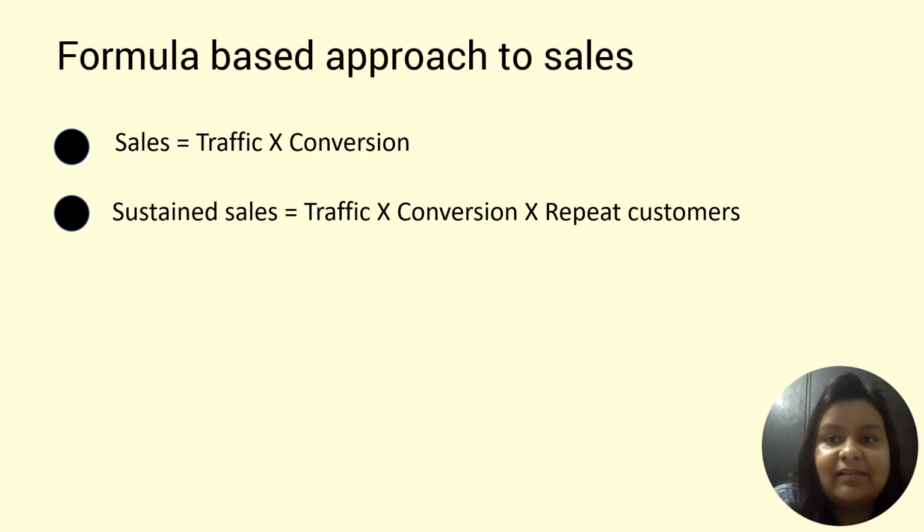Say next day 5 of those come again, and your total overall sale on the next day is also 10. New conversion, let's say, was 10, but 5 of them came from the previous day, right? So that contributes to your sustained sales.